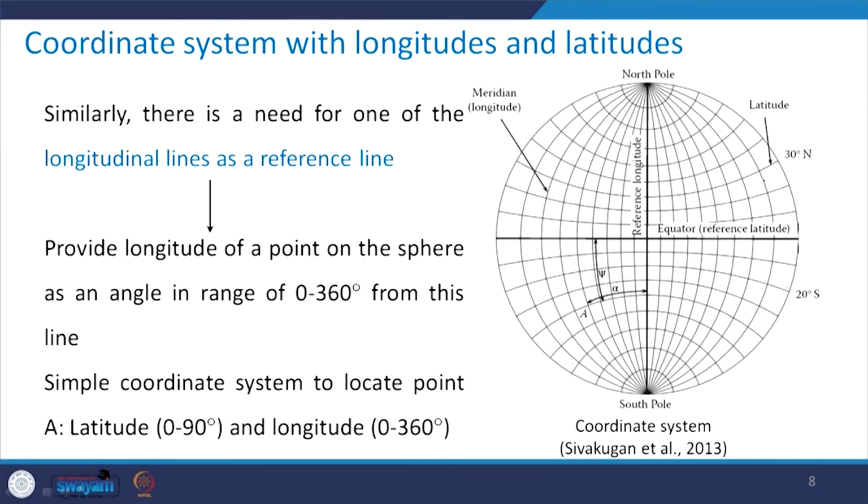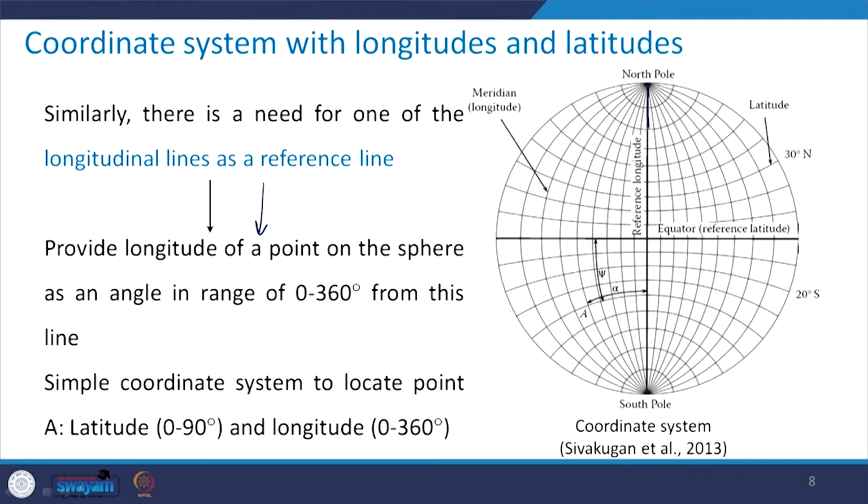Similarly, as we had the equator as a reference plane for latitude, there is a need to have a longitudinal line as a reference line, any one of the longitude lines. That will provide the longitude of a point on the sphere as an angle in the range of 0 to 360 degrees from this line. Have a look at this figure.